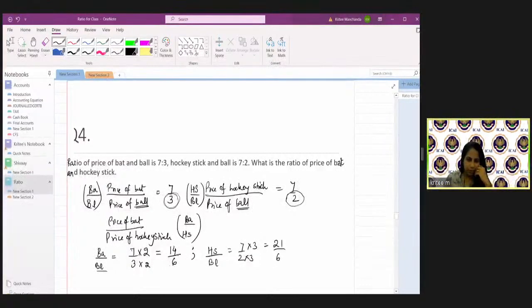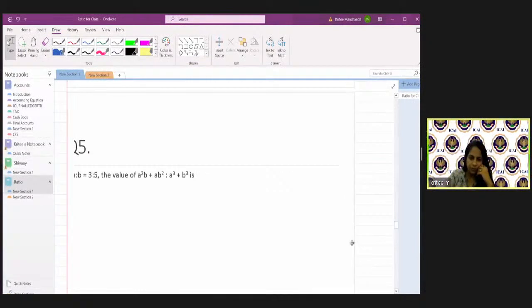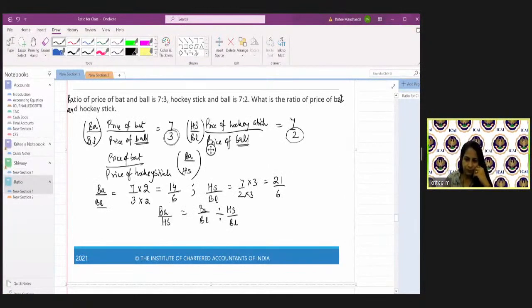The ratio of price of bat with that of hockey stick would be, if I divide this ratio with this ratio, these prices go off and I get this ratio.